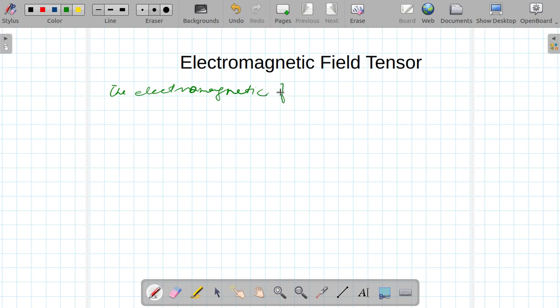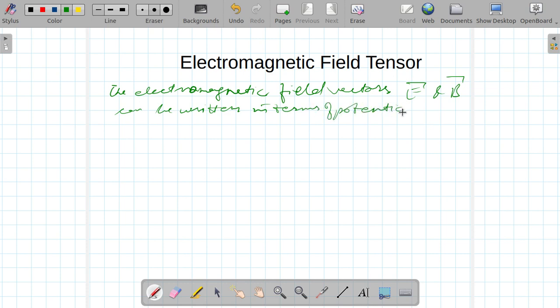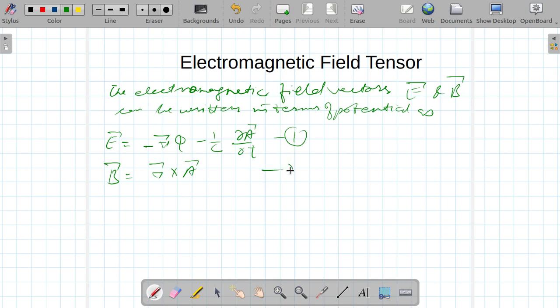The electromagnetic field vectors E and B can be written in terms of potential as E is equal to minus del phi minus 1 by c ∂A/∂t, and similarly B can be written as del cross A. This is equation number 1, and this is equation number 2.